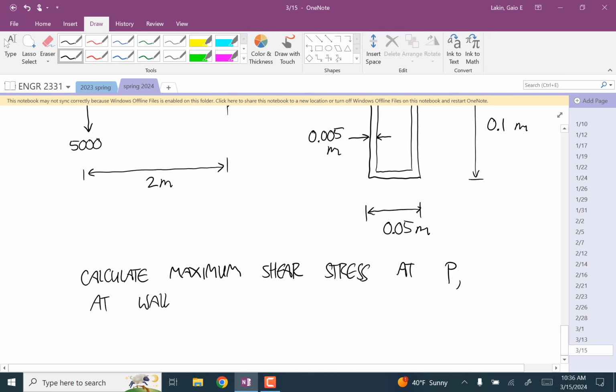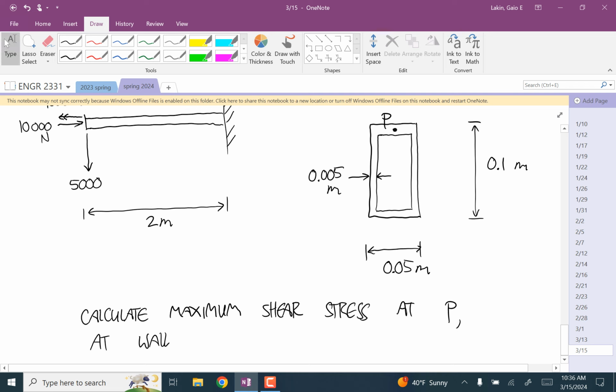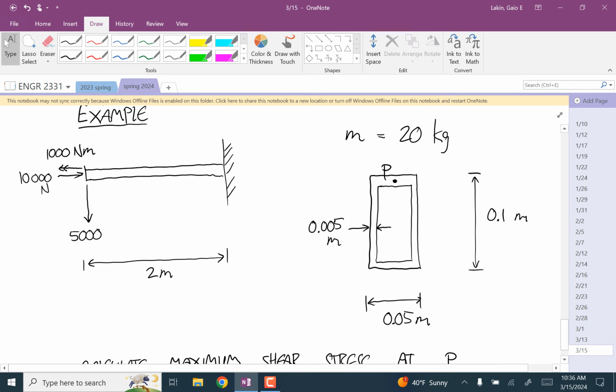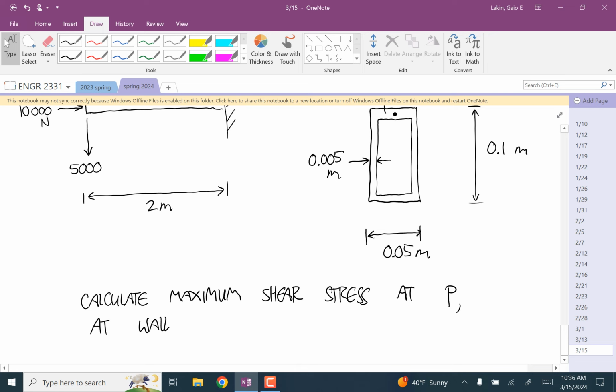In a cantilever, that's almost always where you're going to have the biggest problems, the connection to the wall. So what are we going to have to do as a roadmap? We're going to have to calculate the internal loads at the wall. Then we're going to have to calculate the stresses due to tension, bending moment, shear force, and torque, and add those up to get a stress tensor. Then we're going to have to calculate the principal stresses. And then from those principal stresses, we're going to calculate the maximum shear stress.